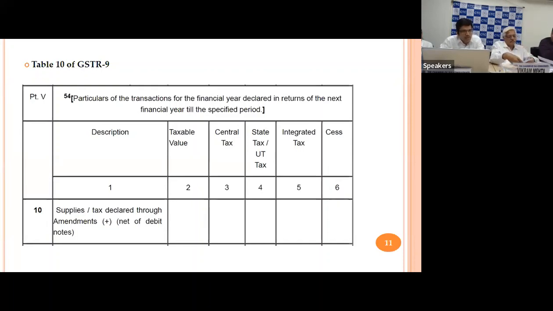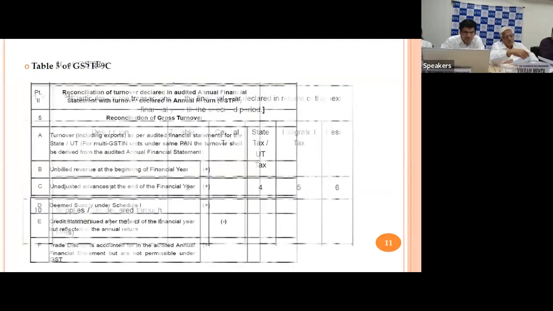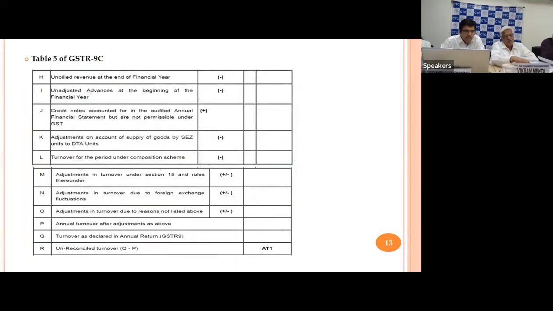So one view is, because of this heading, that the 30 rupees paid in December 22, you don't show over here. The impact of that will be that your total of GSTR-9 will show only rupees 90, and in table 5 of 9C, the total turnover as per books will be 120 rupees, and it will show an unreconciled difference of 30 rupees, whereas you have already paid that tax.